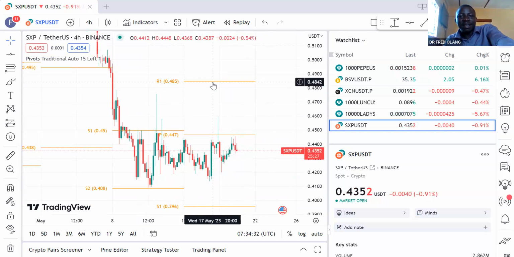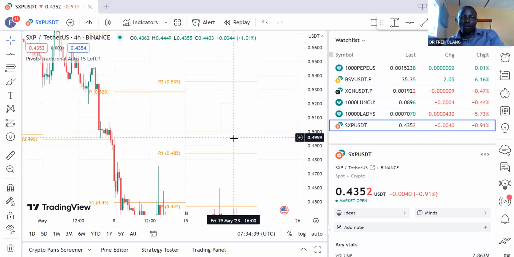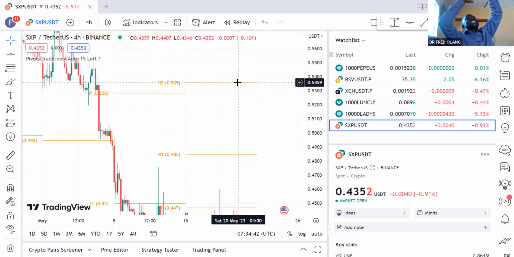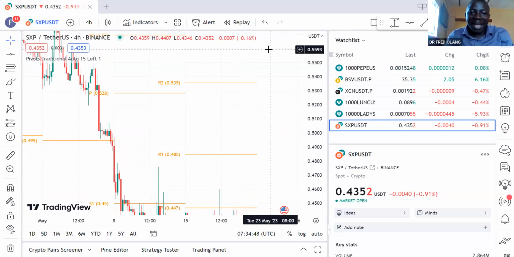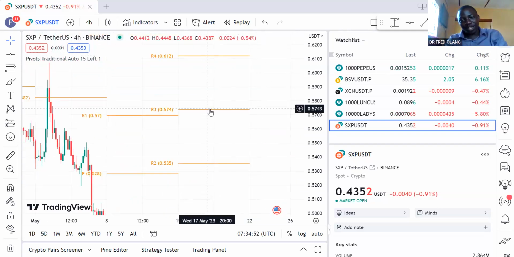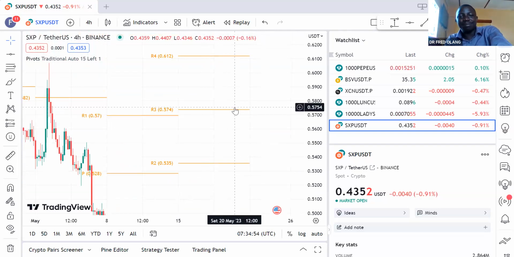This resistance might pull us back, or we might go beyond it. If we go beyond it, we are more likely going to face another resistance up here. That's the next floor. We are more likely either to break through it or come below it. But in case we go through it, we are most likely going to face another resistance up here.